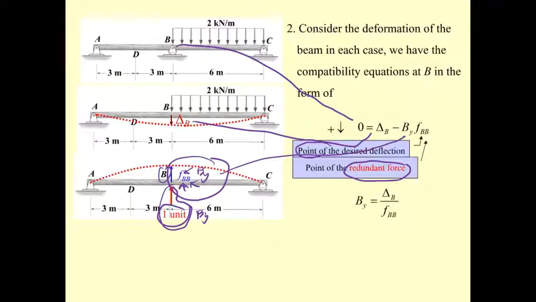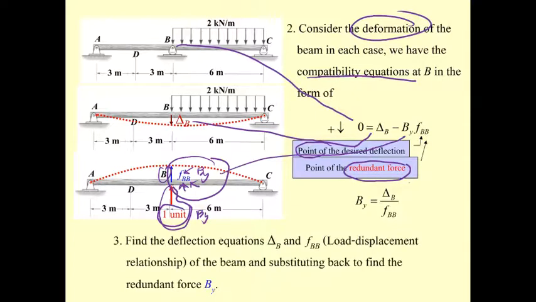The next steps: first, we analyze the problem and set up the redundant. Second, we determine the compatibility condition of the beam by considering the deformation of the beam. And third, we determine the relationship between the deflection and the force.